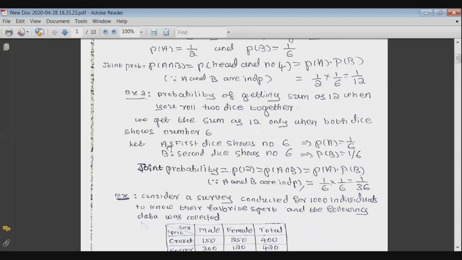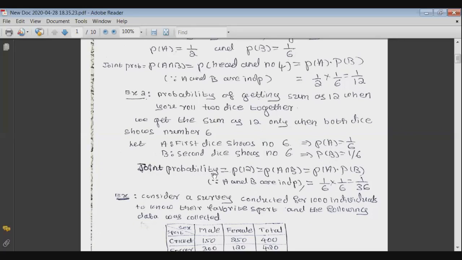That's why let us say one event A is the first die shows number 6 and B is the second die shows number 6. Now the probability of A: when we roll a die, there are total 6 possibilities. Out of 6 possibilities, one possibility is the occurrence of the number 6. That's why the probability of A equals 1 by 6. In the same fashion, the probability of B is also equal to 1 by 6.